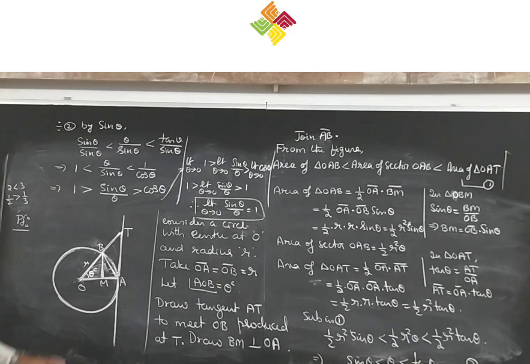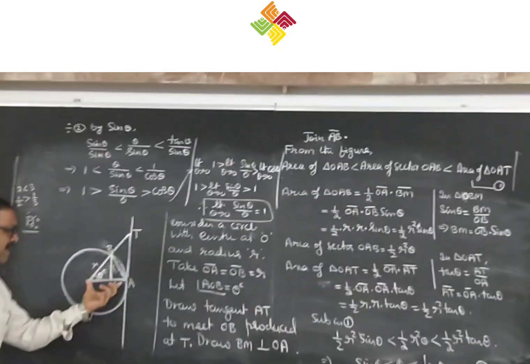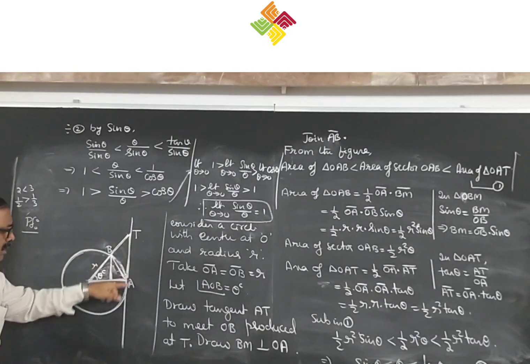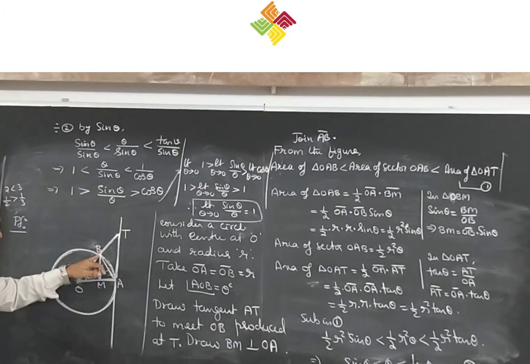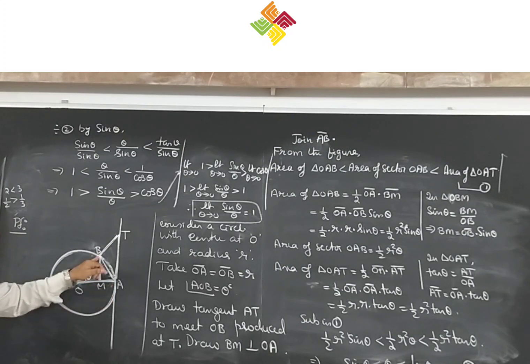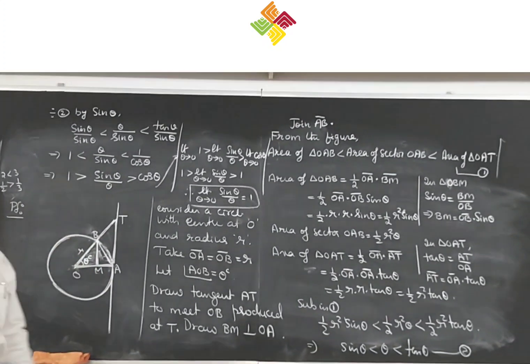Now, once again, I'll explain in brief. Consider the circle with the center O and radius R. Take two radii OA and OB. Draw the tangent to meet OB at T. Then draw BM perpendicular to OA. Join AB. Take angle AOB as theta radians.